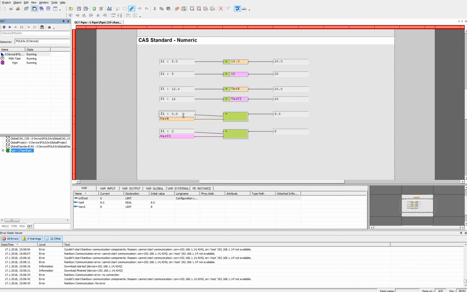Those two blocks are equivalent, so let's try it. 12.0 for real values is 20. 12 plus 8 is also 20. So we can easily optimize the space of our graphical programming with standard numerics for addition functionality.